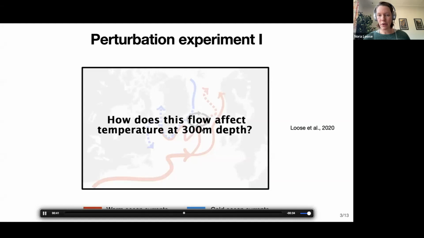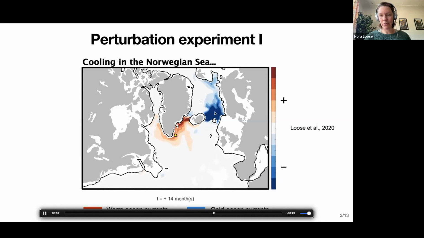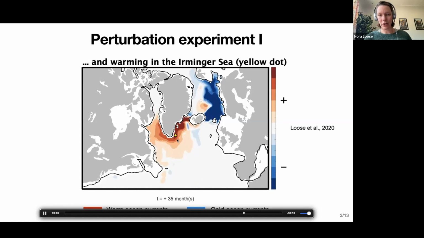So how does this flow affect temperature at 300 meters depth in our model? Well, as predicted by the mechanisms that I've just shown you, there is a cold temperature anomaly propagating into the Norwegian Sea due to a weakened warm Norwegian Atlantic current. And at the same time, there is a warm temperature anomaly propagating into the Irminger and Labrador Seas due to a weakened cold East Greenland current.